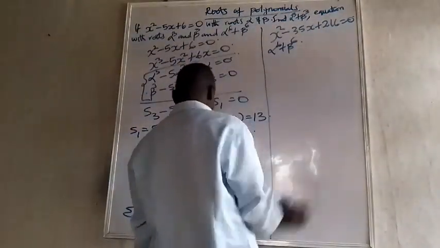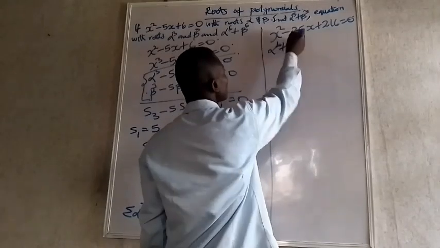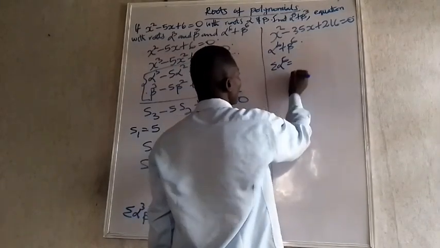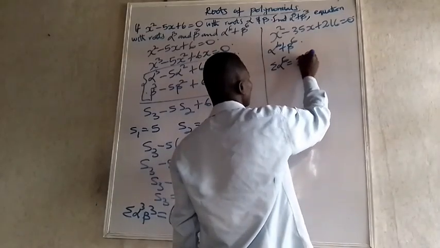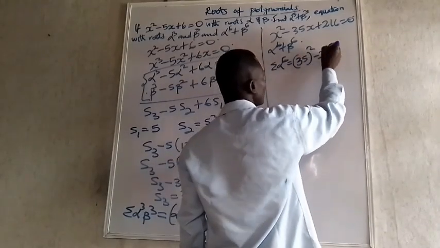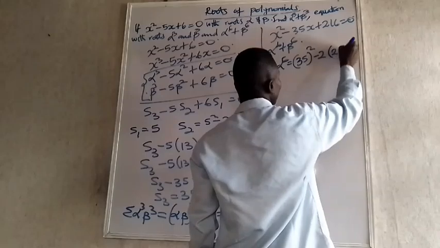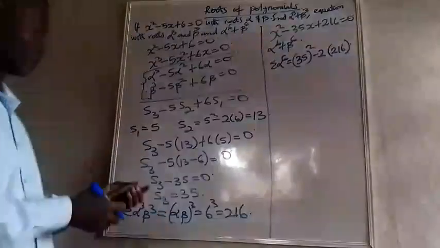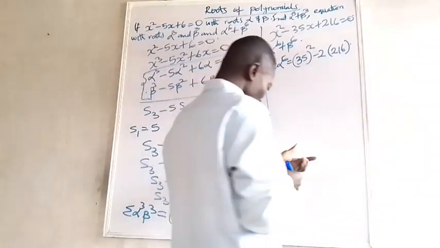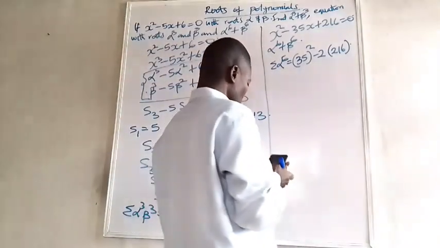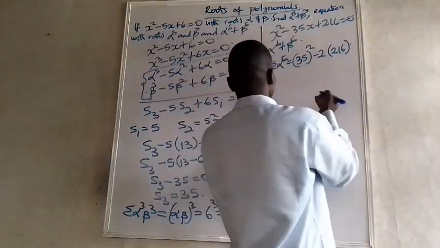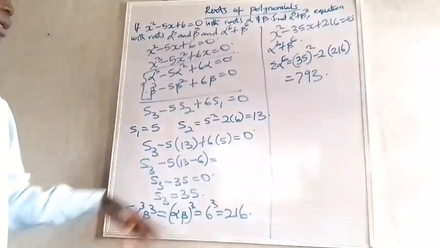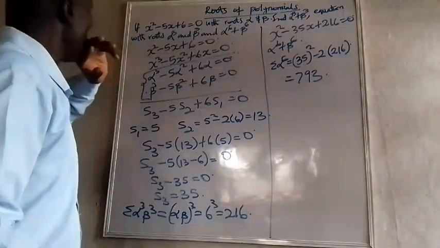Now, all you need to do is to say it is equal to 35 squared minus 2 into 216. So, 793. Just as before. That is it, straight away.